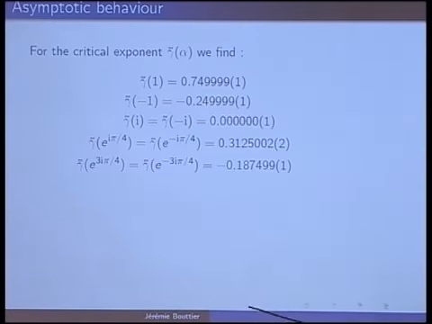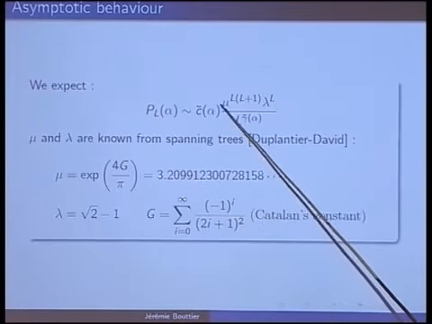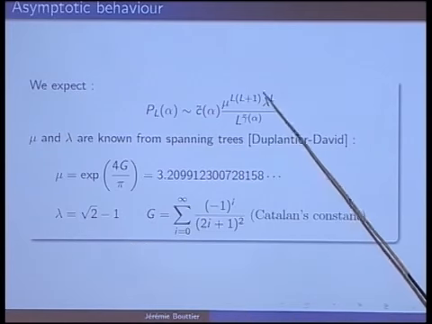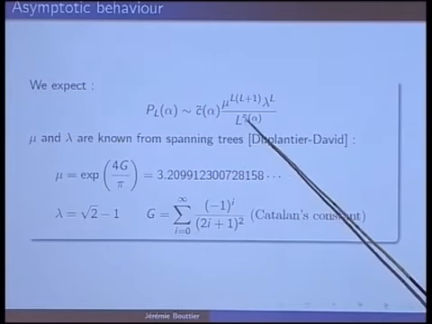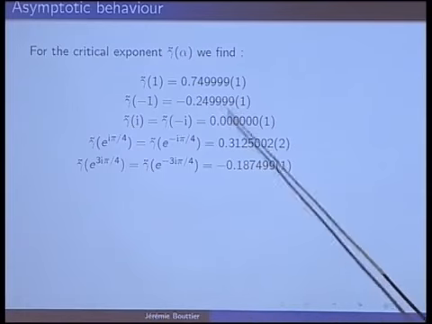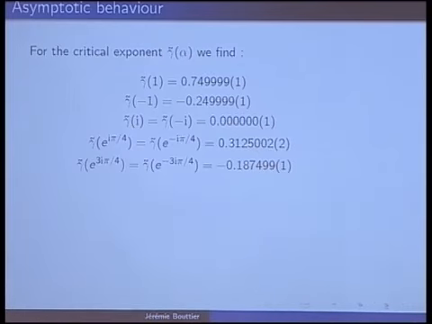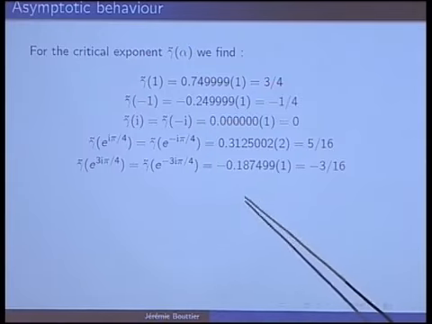With this technique, you can not only compute the entropy, which we knew, and the subleading term corresponding to the boundary, but there is also a critical exponent gamma tilde of alpha, and we can compute estimates for it with quite high precision, and you can see these exact values that we can conjecture.